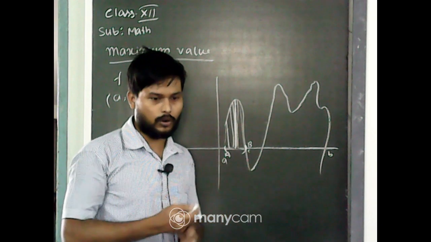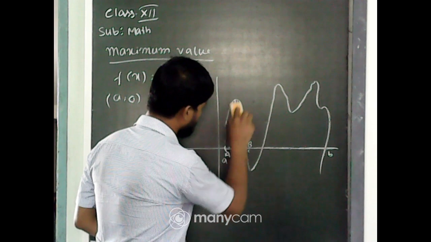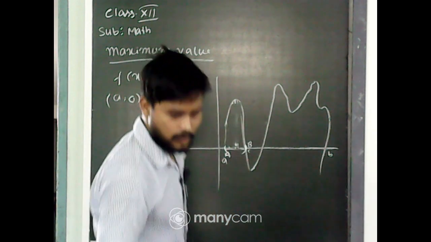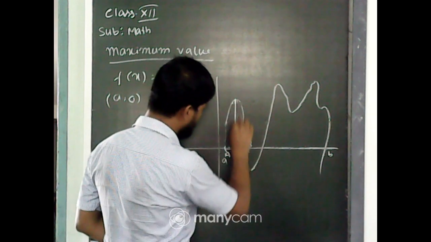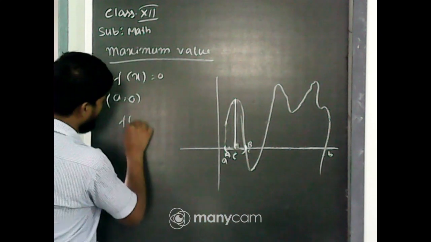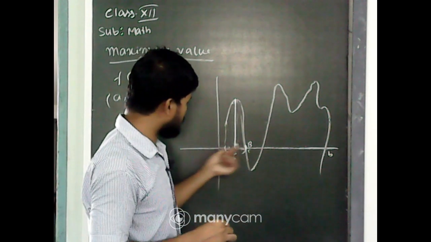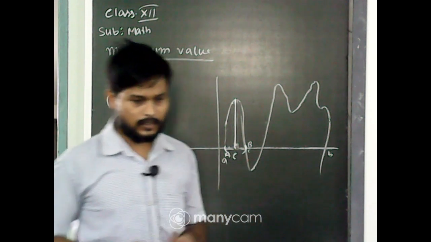That value is called the maximum value of this interval. Suppose this point is c. At this point, f of c is greater than all other values in this interval.